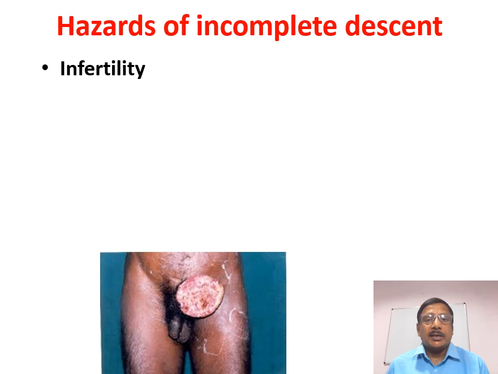So in due course of time, when this baby develops into an adult, he is not able to produce spermatozoa, maybe having azoospermia, or a low number of spermatozoa, that is oligospermia, or less motile spermatozoa, known as asthenospermia, or a combination of both, oligoasthenospermia.